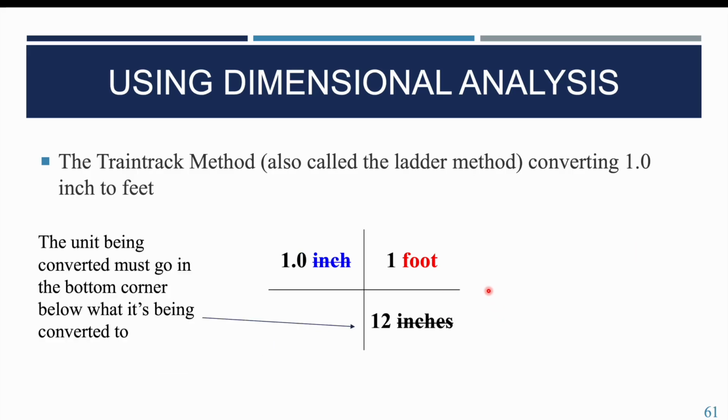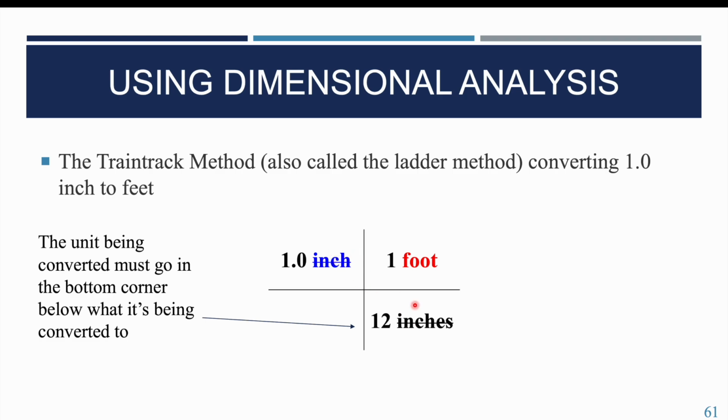If we move on, we're going to talk about the bottom right corner, or whatever is diagonal from wherever you start. If you have a unit in the top left, we need to put the same unit in the bottom right, diagonal to that unit, and then we can use that to cancel it out.